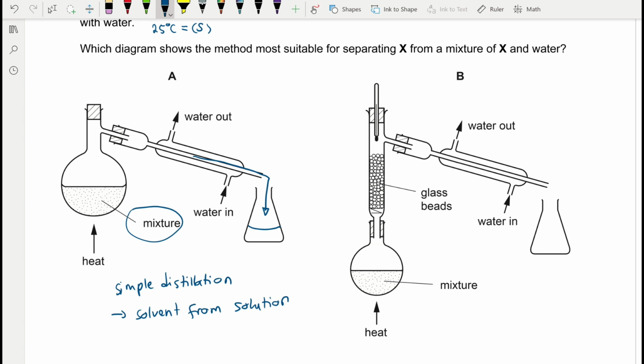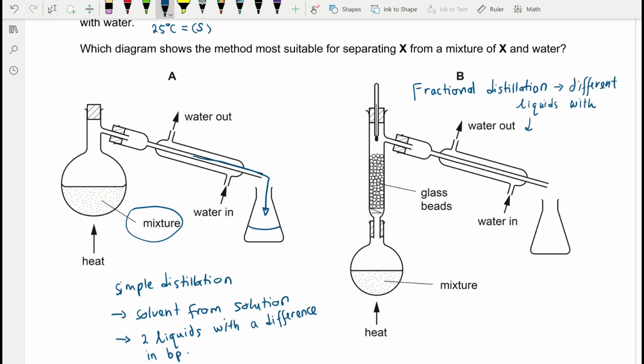Simple distillation can also be used to separate two liquids with a large difference in boiling point. Option B is called fractional distillation, and this is a better way to separate different liquids with different boiling points.